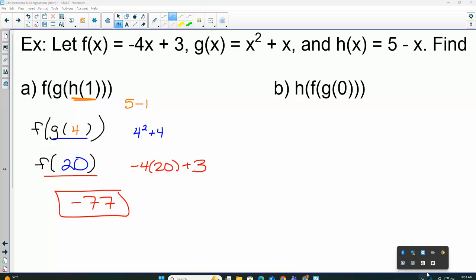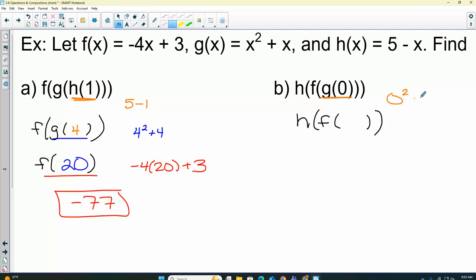You guys do B. All right. So if we start on the inside, that means first thing I'm going to do is g of 0. So that says you go to g, you replace all of your x's with a 0, and we get 0. Now, working on the inside, the next thing it asks me for is f of 0.